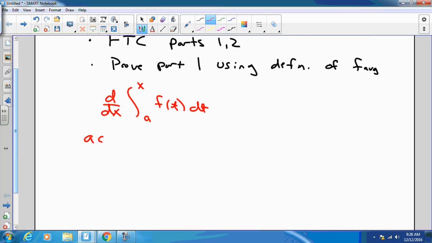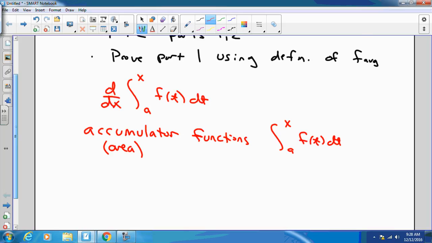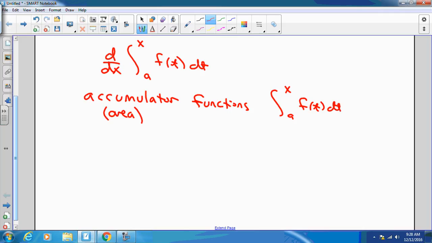So, the notion of an area or accumulator function is that we're going to have some function f. Maybe this is my f right here.